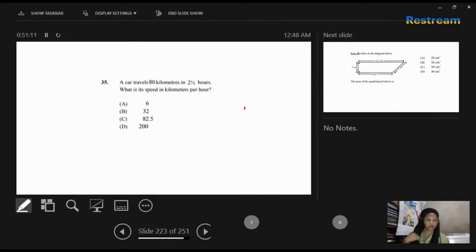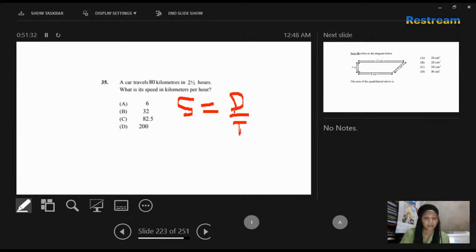Imani. Number 35. A car travels 80 kilometers in 1.5 hours. What is the speed in kilometers per hour? So speed is distance over time. So it would be 80 divided by 1.5.